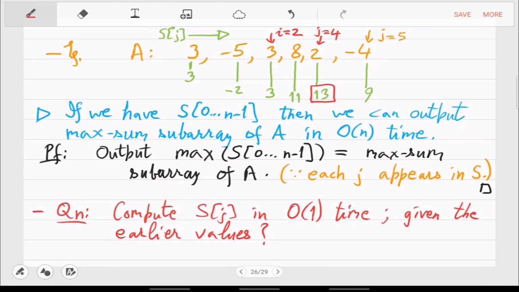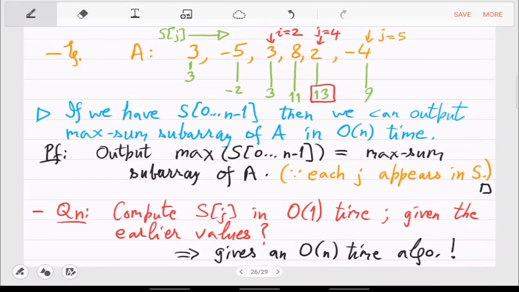This is the part which we have to now implement. If we can implement this, then it will mean that we have an order n time algorithm for the original problem of finding the max sum subarray of A.